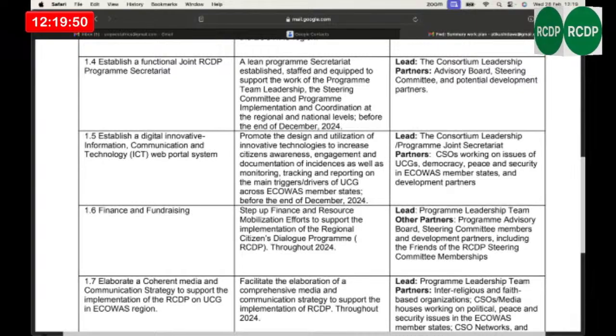A third activity for this year, we believe will be, of course, the establishment of an ICT web portal system.